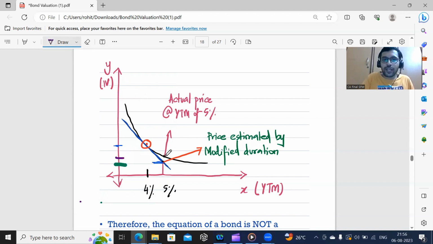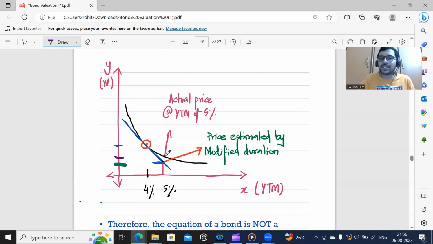All right, it is falling only till here. When the YTM increases from 4 to 5, the fall in the bond's price is from the blue line to the violet line, whereas modified duration is assuming that the fall is from blue to the green line.